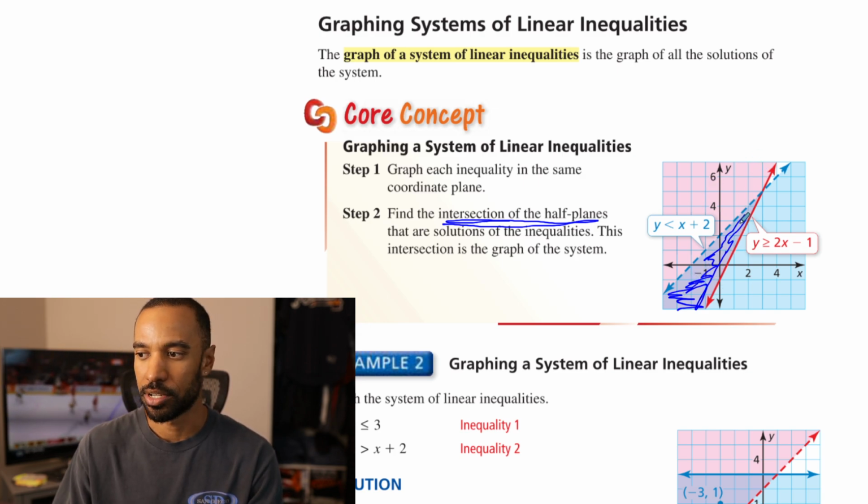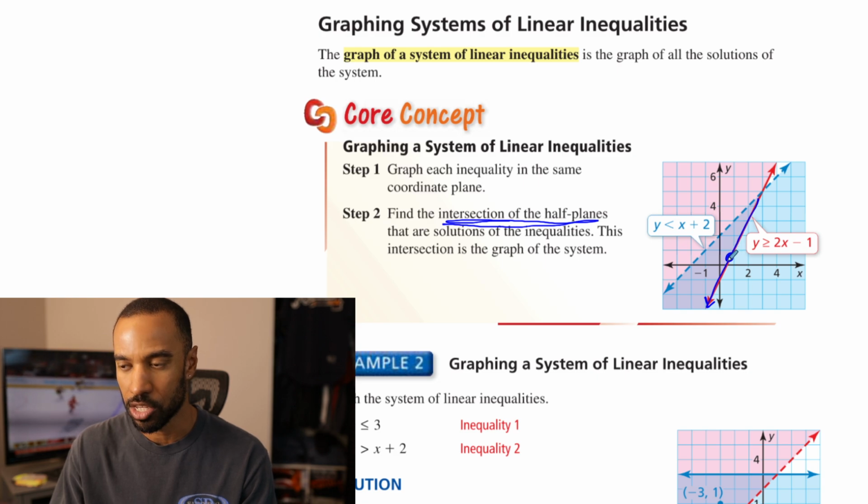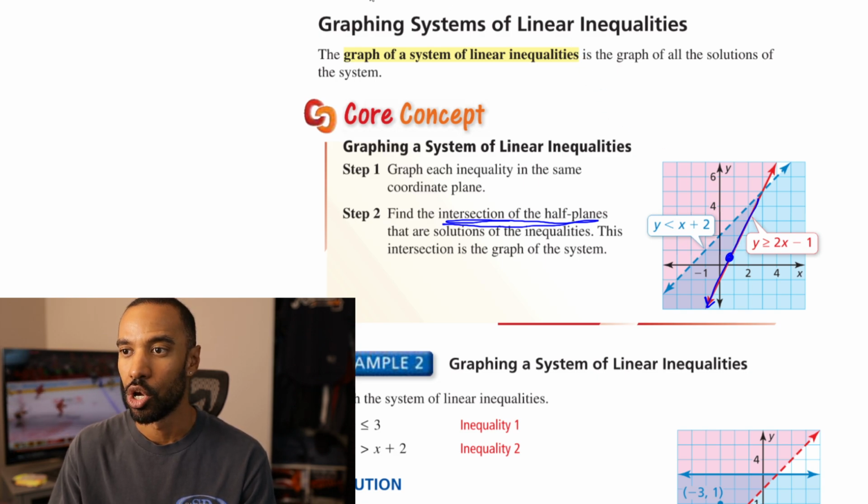Now, the last thing I want to state here before we move on to their examples is that points on a solid line that bound the overlapping shaded region also constitute solutions to the system. Because you have to remember, points on the line itself would be solutions to the inequality greater than or equal to, like that. This would satisfy it, and it is underneath this blue dotted line. So this would count as a solution, whereas this would not count right here.